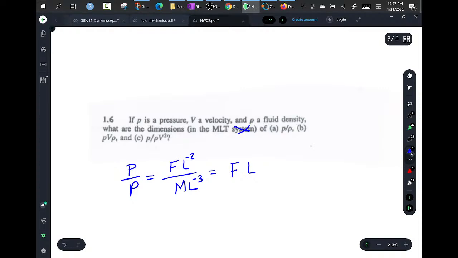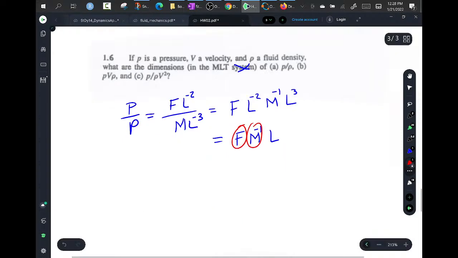L to the minus 2, M to the minus 1, L to the 3, and now I can have F, M to the minus 1, L to the 1. Big problem now. I have an F and an M together. Not good. So what do I do?